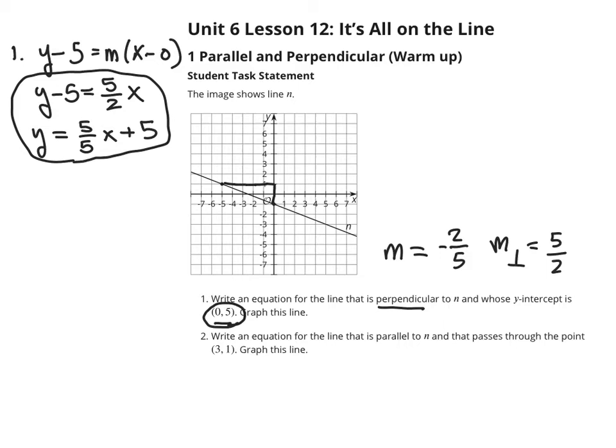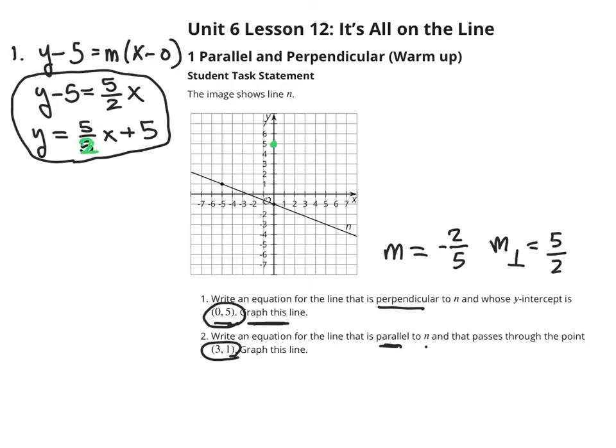All right, now write an equation for the line that is parallel to N and passes through the point 3, 1. Oh, sorry, we didn't graph this line. Let's graph it in green. So I want to go through the y-intercept 0, 5, with a slope of 5 over 2.